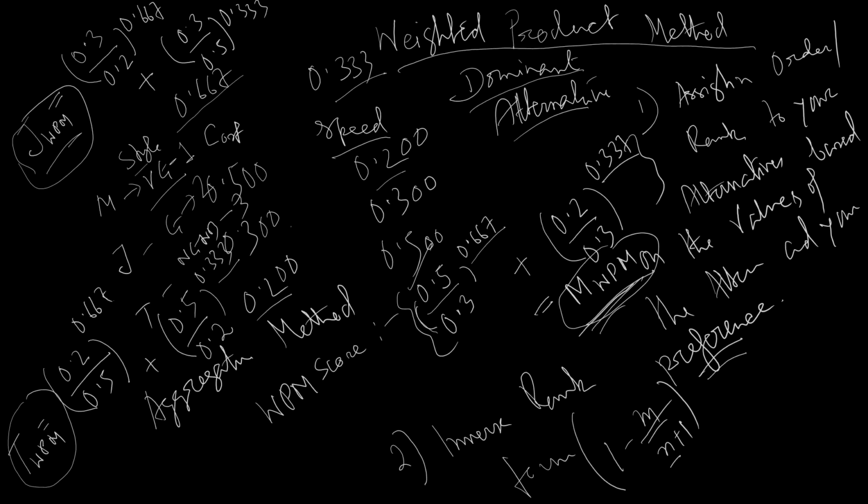For WPM, you find the ratio, power it by the weightage of the criteria, and combine it with the same for the other criteria to find the WPM score. Compare the WPM scores or the WSM scores and find the alternative which has the highest score, and that will indicate that it is the most dominant, most preferred alternative, and you must select that alternative.